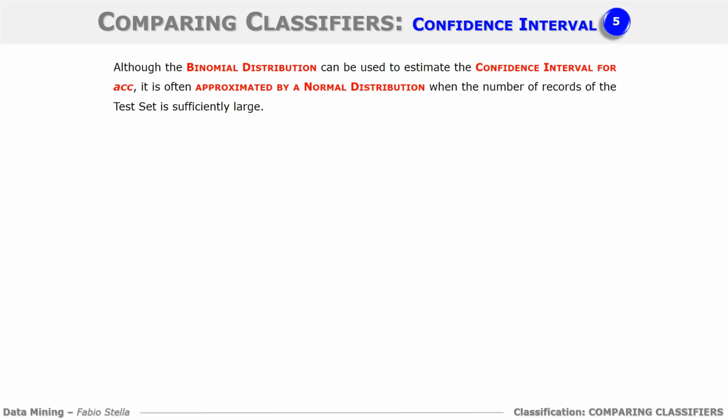This approximation is usually due to a matter of simplicity.